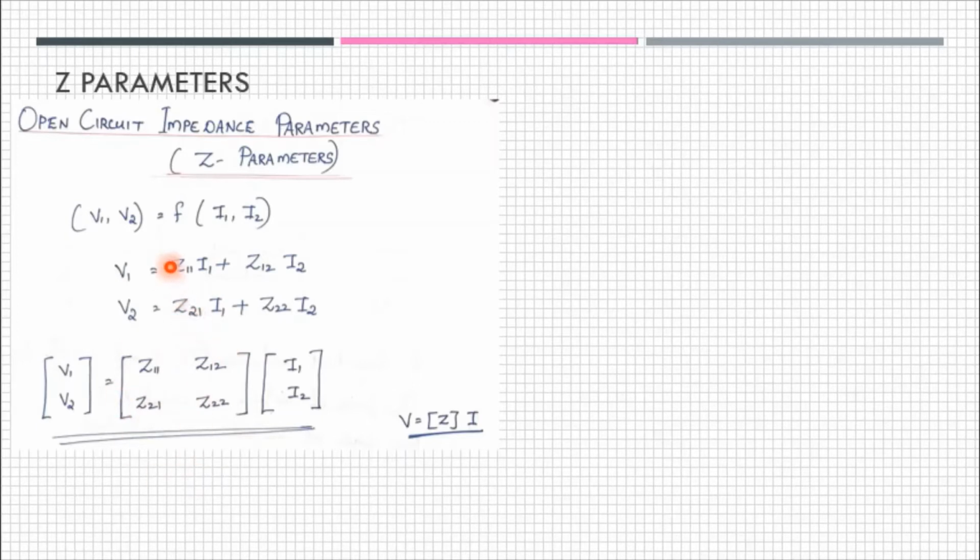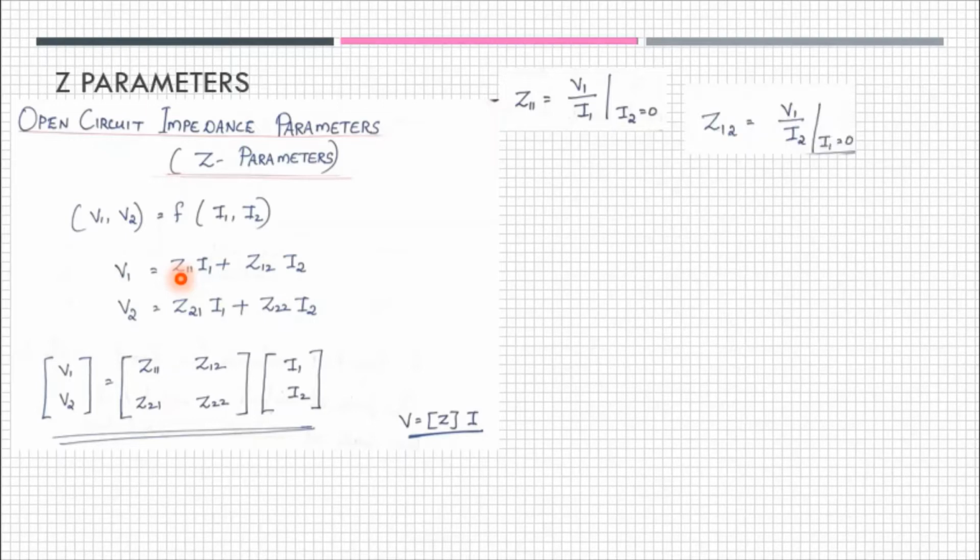And from this equation, we can write the value for Z11 as Z11 is equal to V1 divided by I1 provided I2 is 0. That means when output port is open circuited. Hence, Z11 is known as driving point impedance with output open circuited or open circuit input impedance.